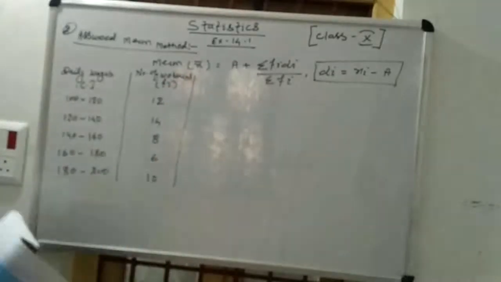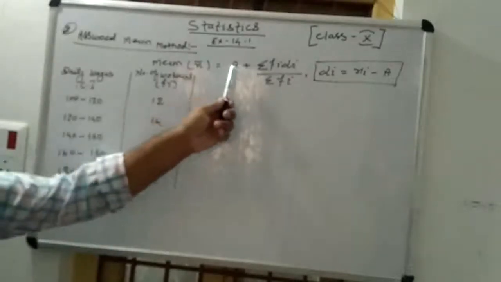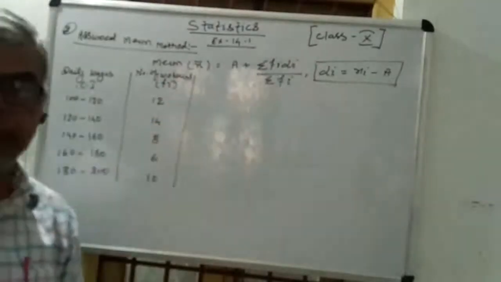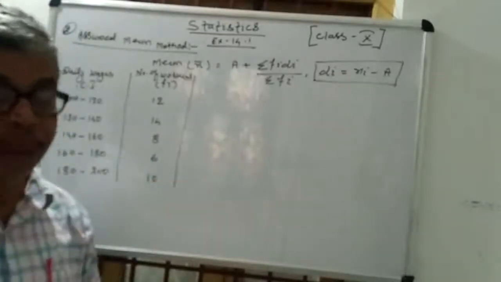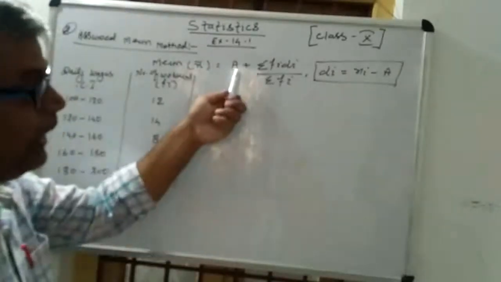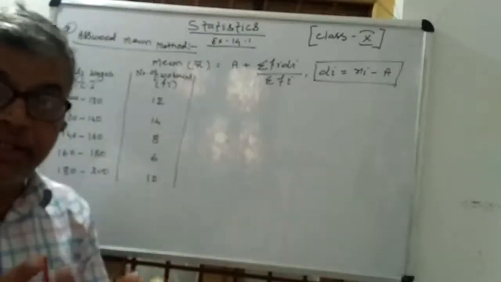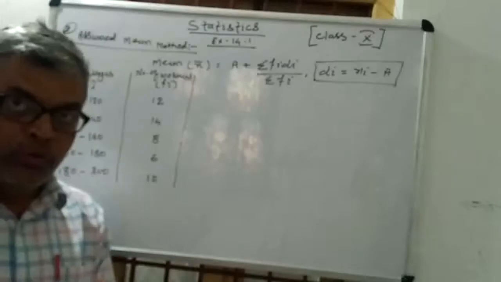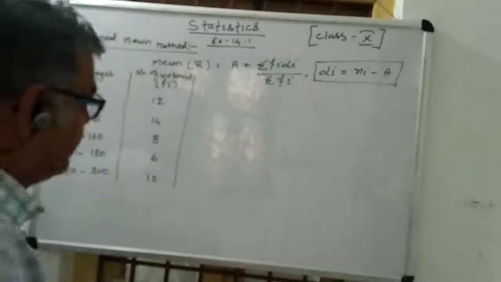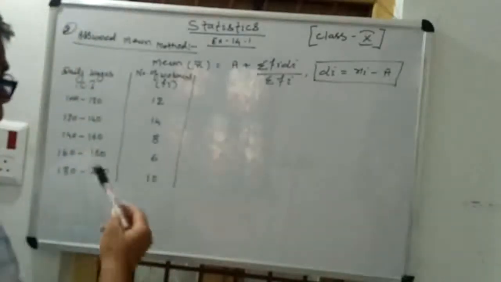Now, as you see in the formula, you need to find a and di. These are the two terms which are new in this formula. What is a? a is the assumed mean, the value which you assume as the mean.